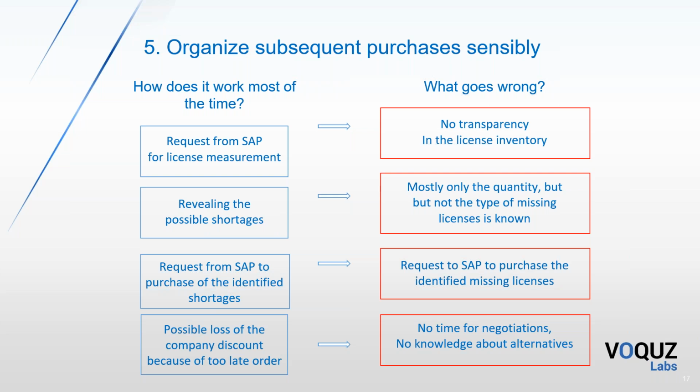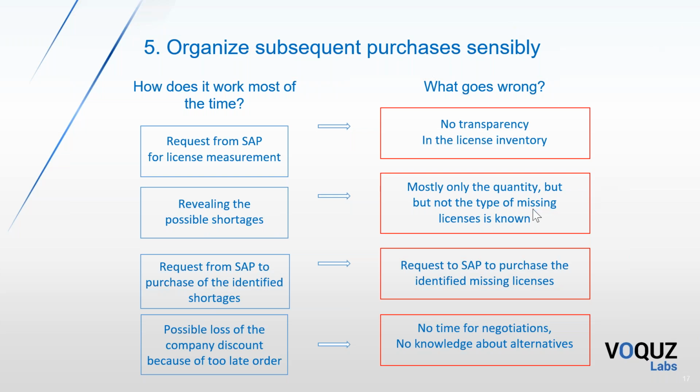So in the worst case, you will get a proposal based on list prices. Now, if you understand that software companies in general today provide their clients discounts between 10 and 90%, it is a very, very big difference to pay a list price or a mitigation proposal based on your company discount. So make sure that you're proactive there and don't wait for a mitigation proposal, but purchase proactively and in the right sequence.